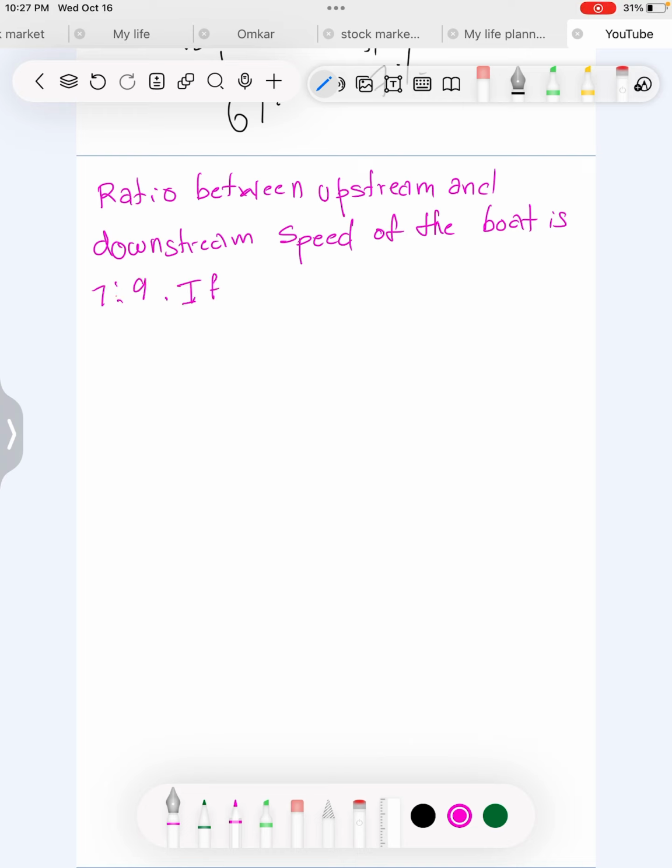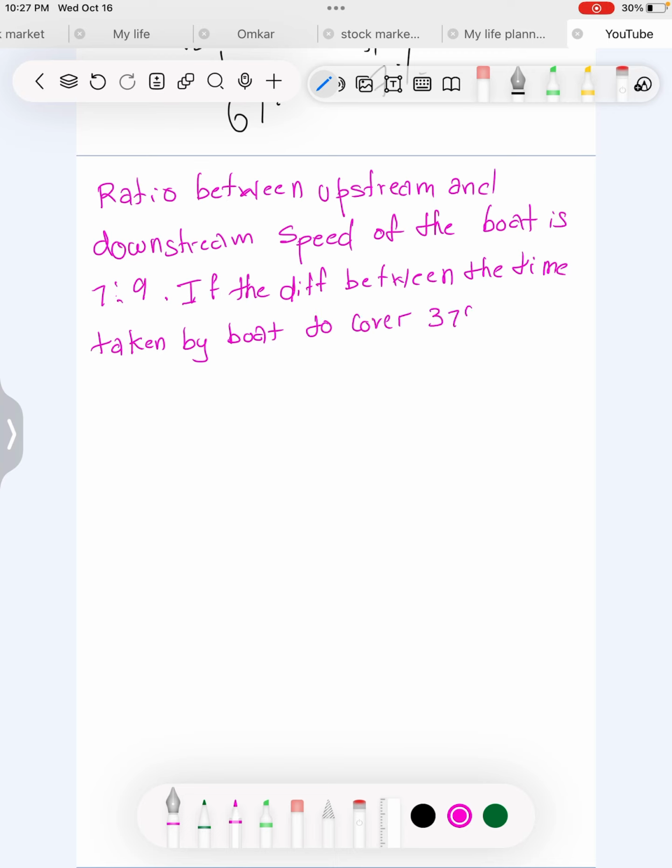If the difference between the time taken by boat to cover 378 kilometers is 4 hours. Find the speed of the stream. Okay.